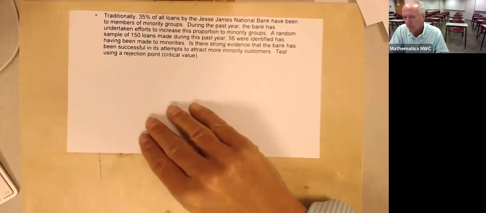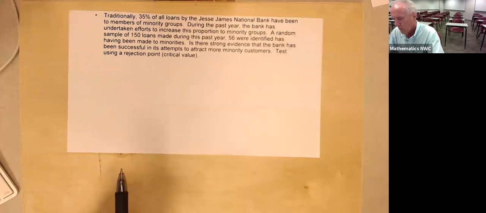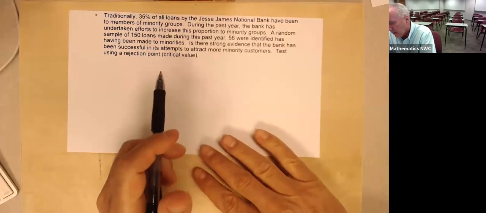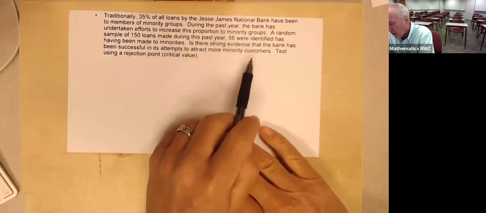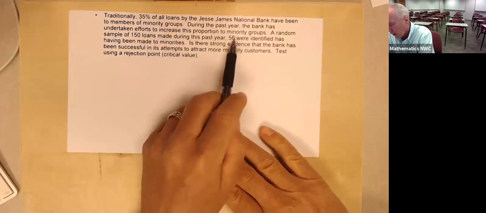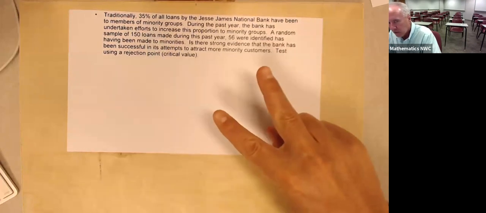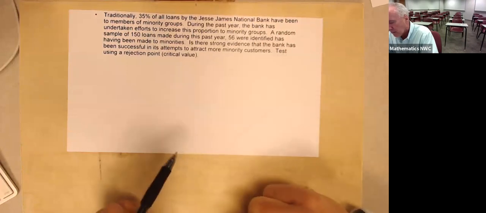Another example. Hopefully you had a chance to read through this. This is a binomial problem because either the loan was made out to a minority group or it was not. There again are 2 choices, hence binomial.